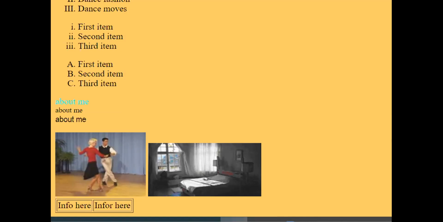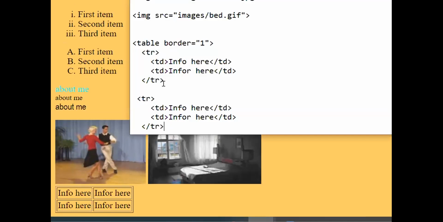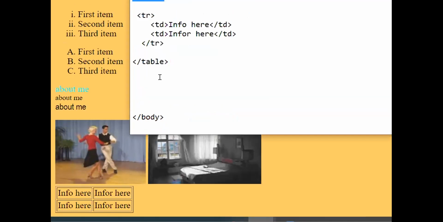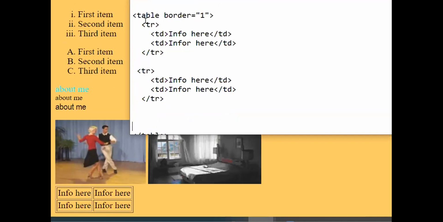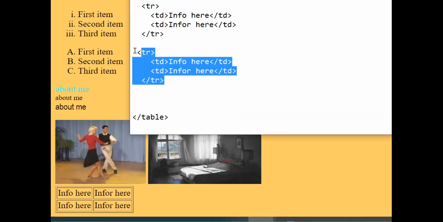I'm just going to practice. It will give me 4 rows. You see, all I'm doing is coming here and copying from here to there. As long as the table is there, this is the closing of the table, this is the opening of the table. I can put as many rows here. This is the row, this is the column.